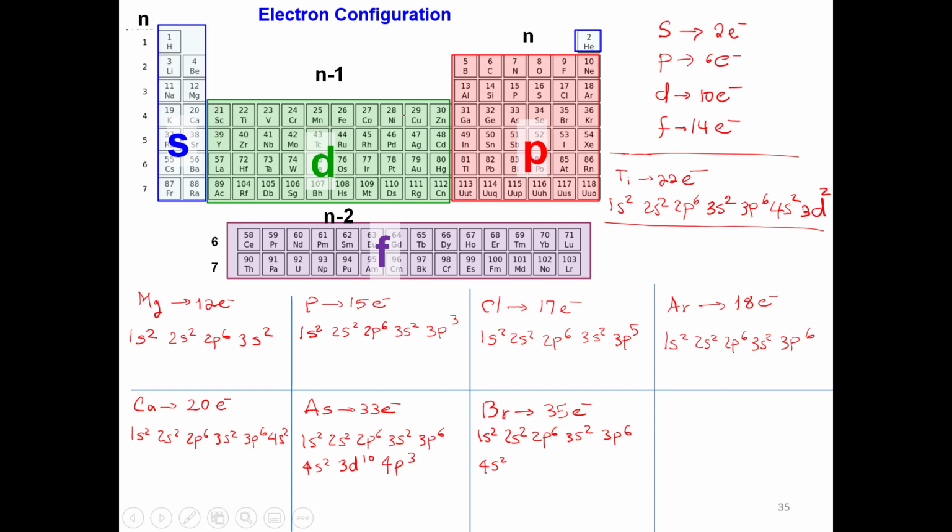Then we need to pass through this one. Then it will be 3d10. Remember, we need to subtract 1. Then finally here we had 4p, and we need to count. It's 1, 2, 3, 4, 5. And here will be 4p5.